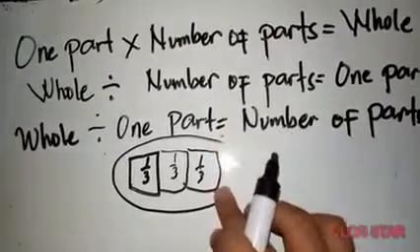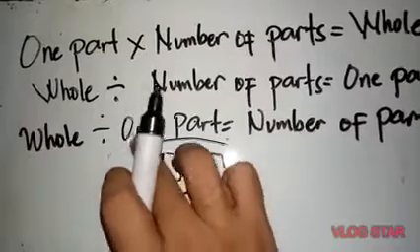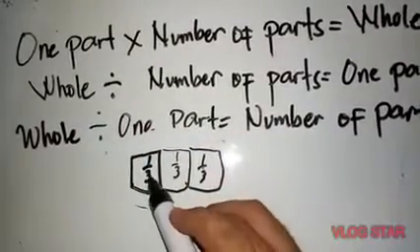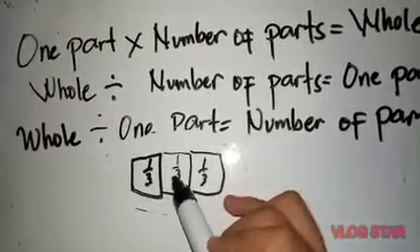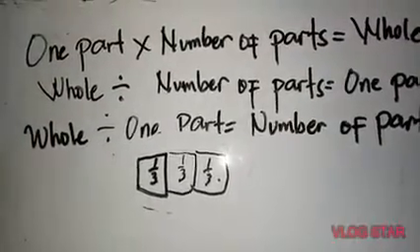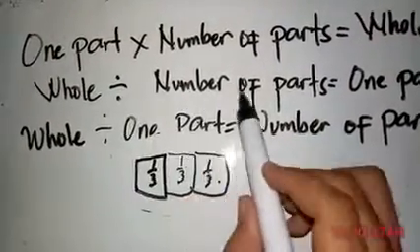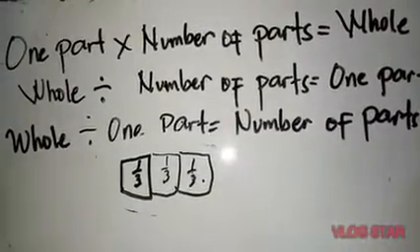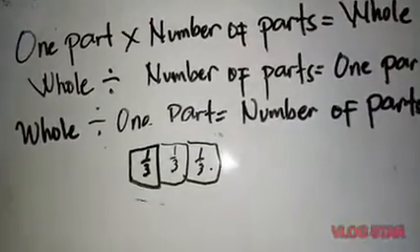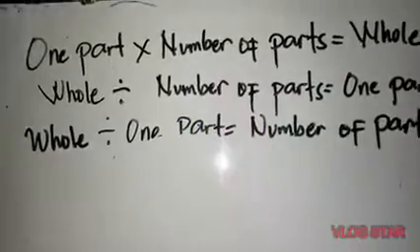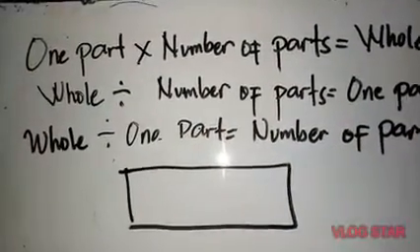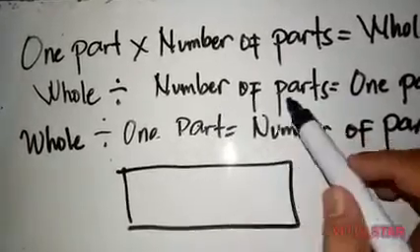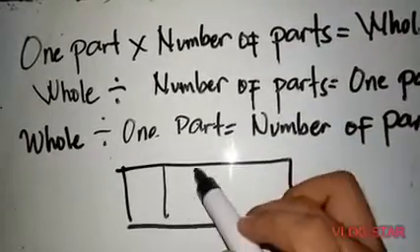So next, we have 1/3, that is 1 part, and the number of parts is 1, 2, 3. Next, whole divided by number of parts is equal to 1 part. Another example. So let's say this is the whole. Then the number of parts is 4.